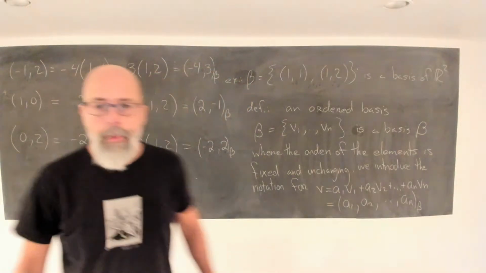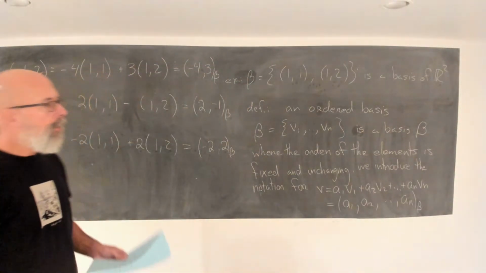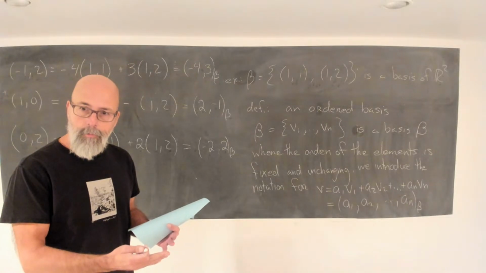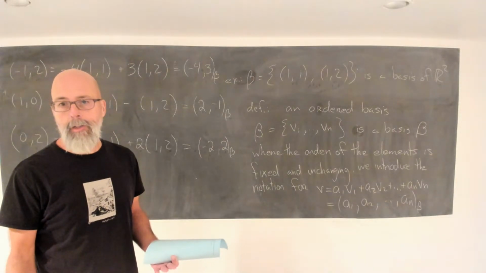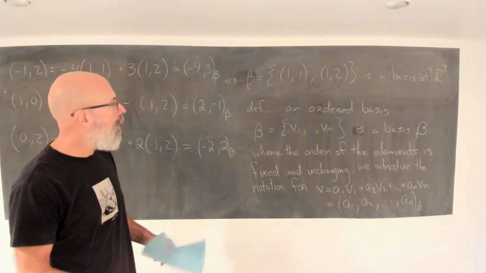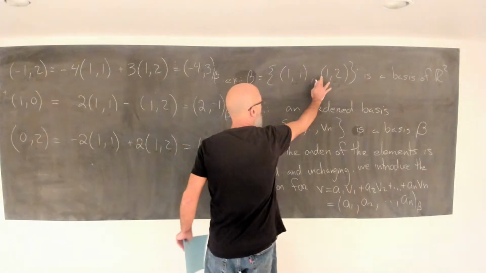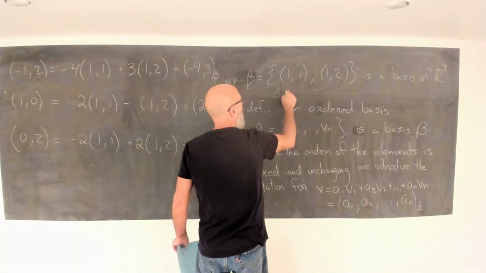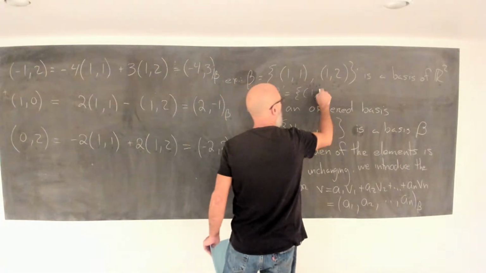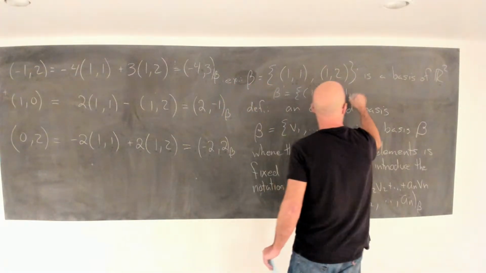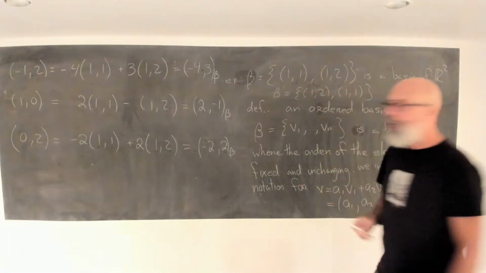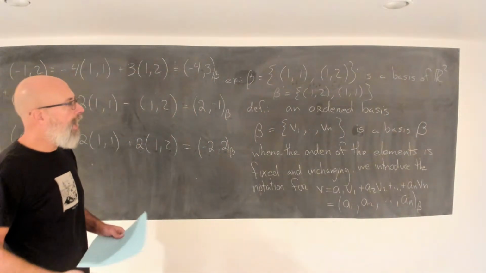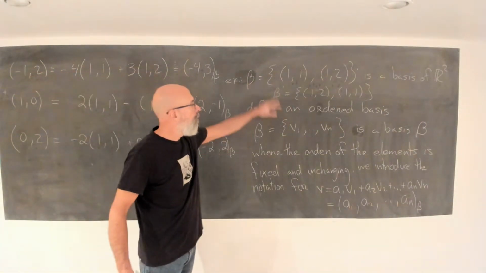What's an example of a basis that isn't ordered? Well, as soon as you write it down, it is ordered, right? But the point is, this basis is actually the same as this basis if you view them as sets, because two sets are equal if they have the same elements.